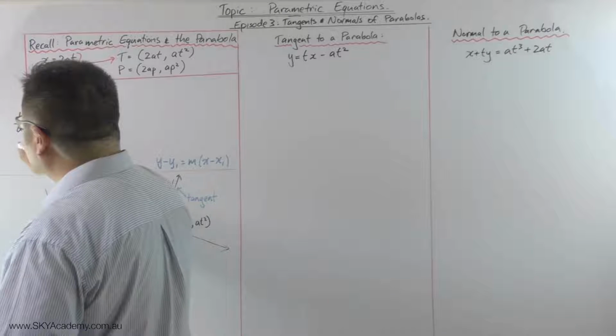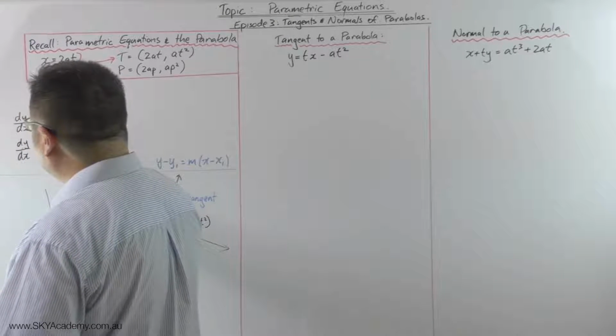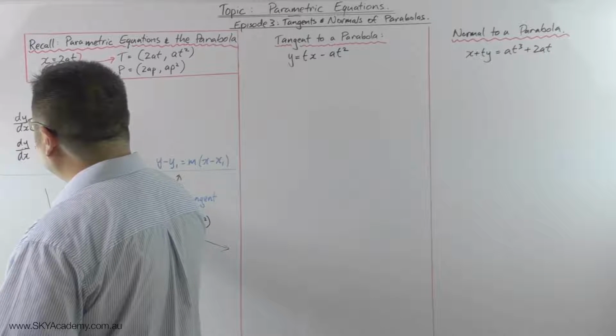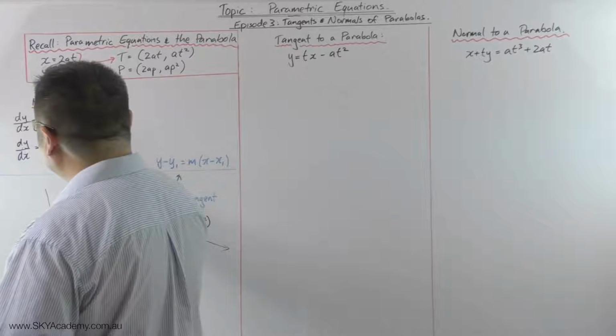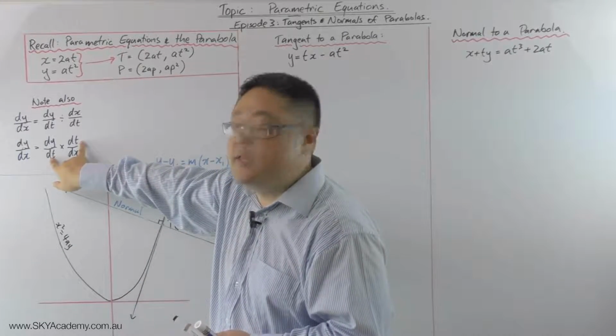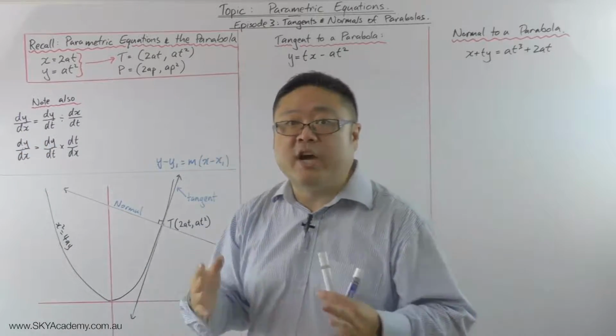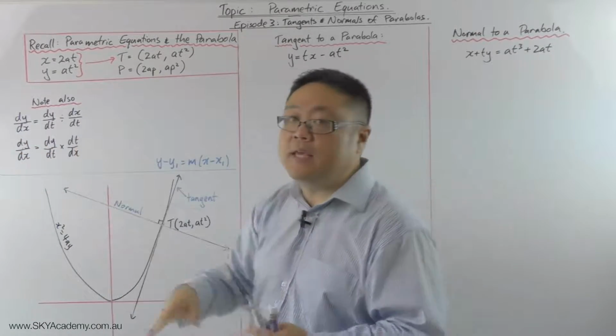It says dy/dx is equal to dy/dt times dt/dx. The two dt's cancel with each other and you're left with dy/dx. So we're going to use that property here.